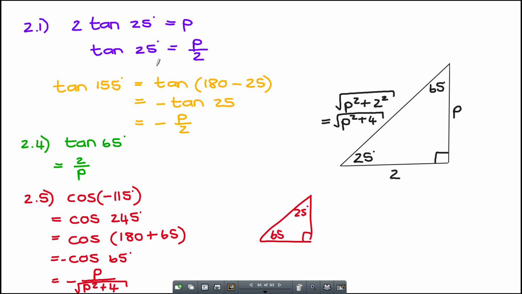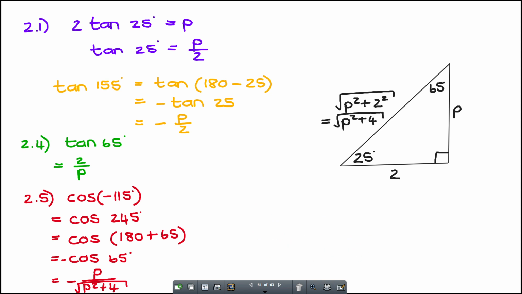Okay, nou as jy nou van die bo af kyk, tan 25, as ek van daar af werk, tan is mos oorstaande, so P, op aangrensend, so 2. En dan gaan daai nog steeds wees, P kwadraat plus 4. Ja, onthou om skynsy te kry, gaan jy altyd hierdie ene plus daai ene. OK. Jy reg. Enige ander vrae?